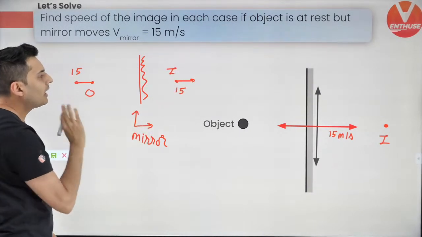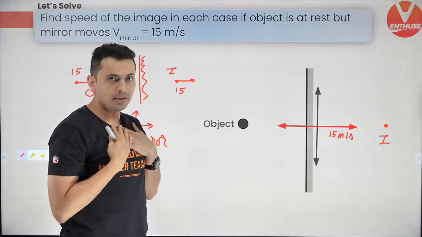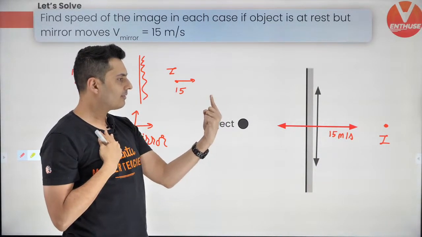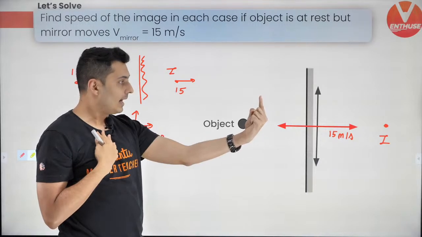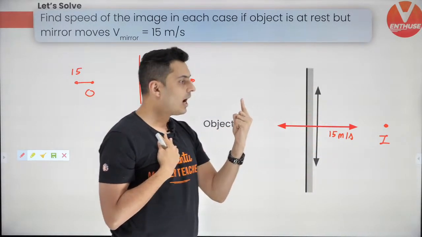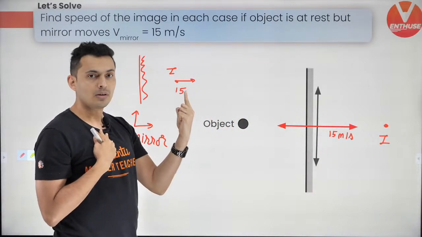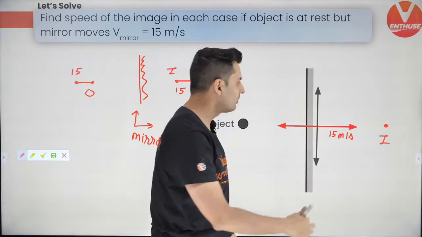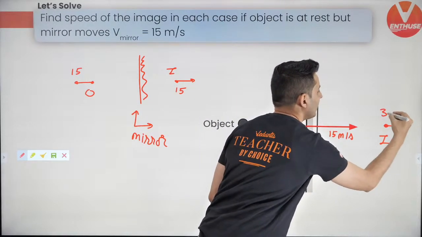Now think. I am the mirror. This is the image. For me, the image has moved 15 meters per second. And I, being the mirror, have also moved 15. So totally, it has moved 30 meters per second, guys.